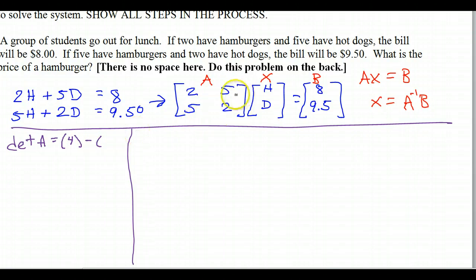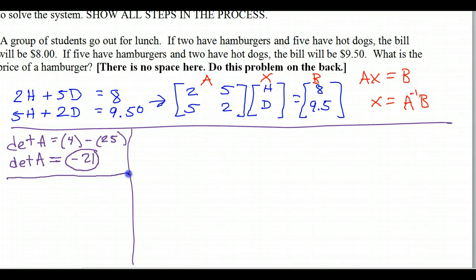Whew, that was awful. 4 minus 25, that was a little scary. That means the determinant of A is going to be negative 21. At the end of the problem, I'm going to wind up dividing everything by negative 21.